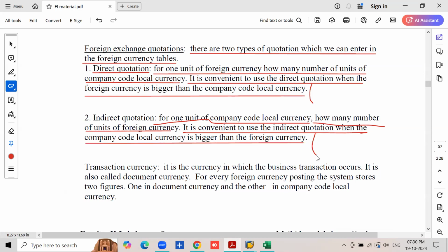That is, it is convenient to use indirect quotation when the to currency is bigger than the from currency.